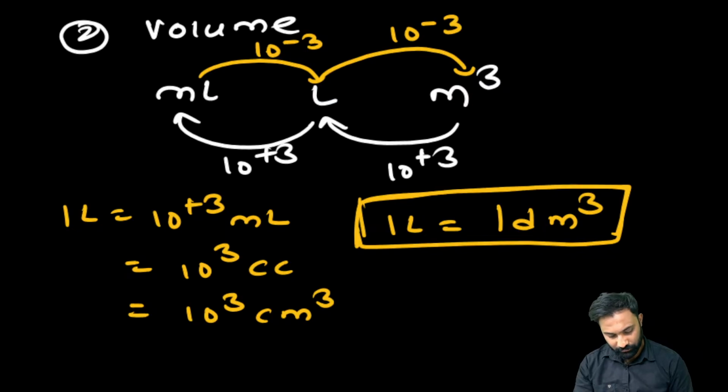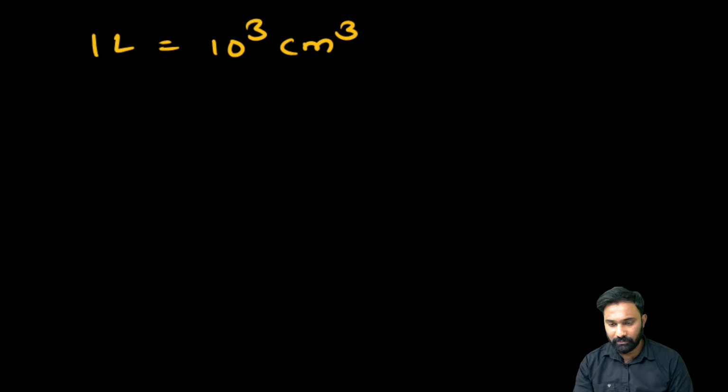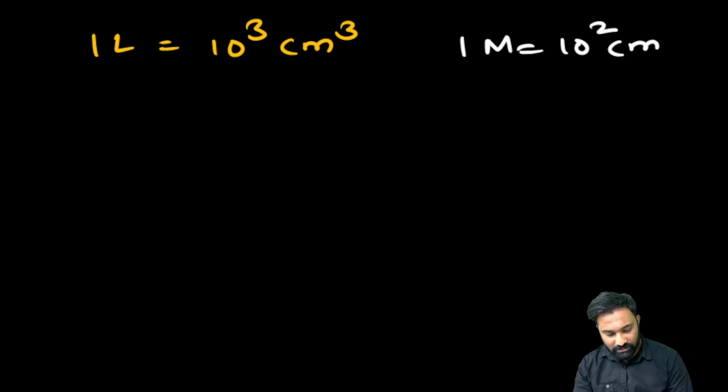Now you see. Here 1 liter is equal to 10 to the power 3 centimeter cube. So 1 meter is equal to 10 to the power 2 centimeter. Then meter is the bigger unit and centimeter is the smaller unit.